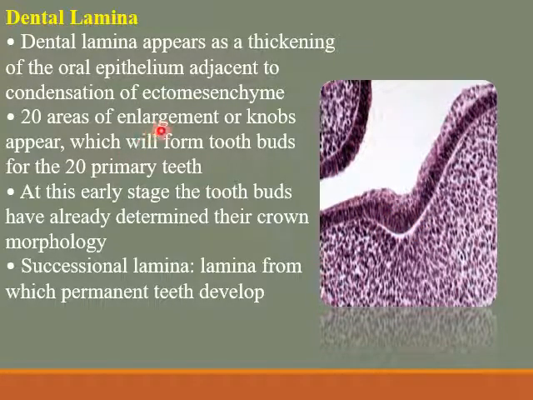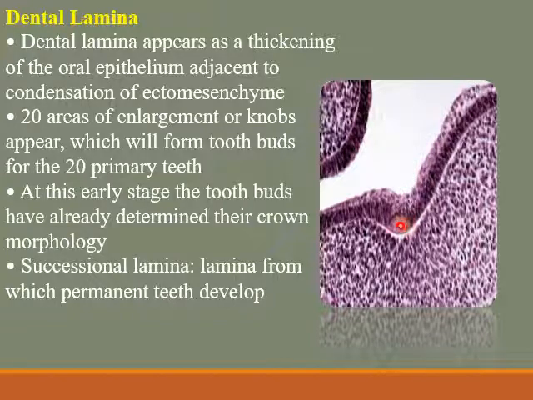Twenty areas of enlargement or knobs appear, which will form tooth buds for the 20 primary teeth. So the thickening and formation of the dental lamina will give rise to the deciduous teeth, and later the lingual extension of the dental lamina will give rise to the permanent teeth.